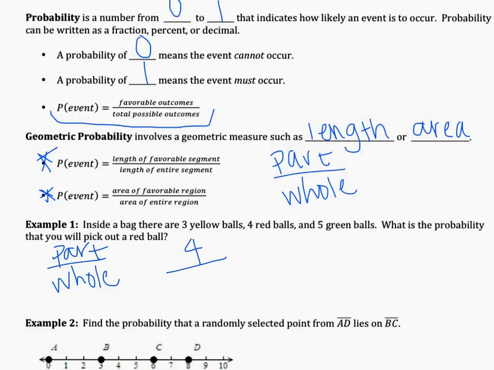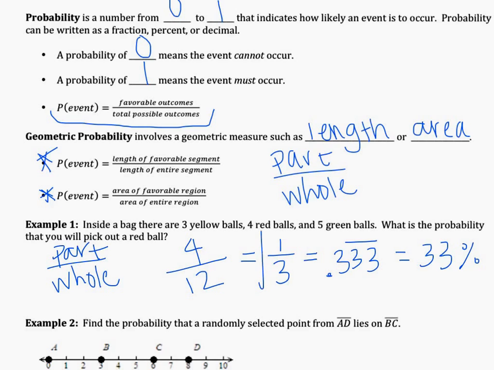The whole is how many total balls there are, which is 3 plus 4 plus 5, which is a total of 12. This reduces down to 1 over 3, which is equal to 0.333 repeating, or in percent form is going to be 33%. Okay, any of these answers are correct.